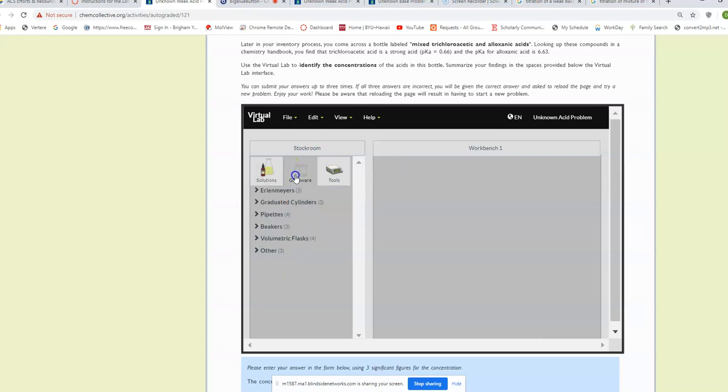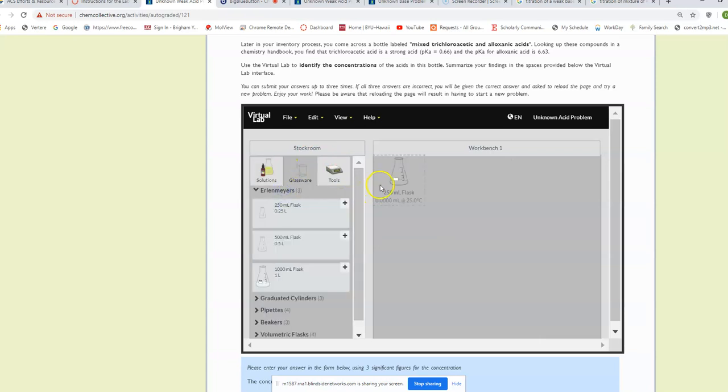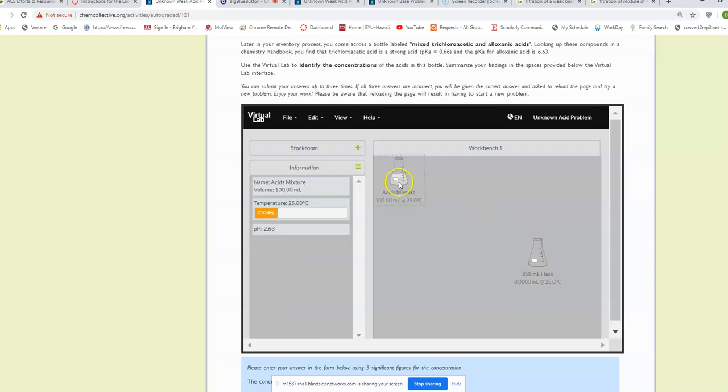We added 100 mils. Let's try it again here with our unknown acid. So we added 100 mils, and it took about 20 mils of that 0.01 molar to reach the equivalence point. So if we added 1 mil, no, if we added 100 mils, 0.1.